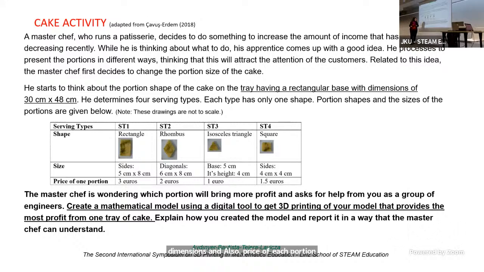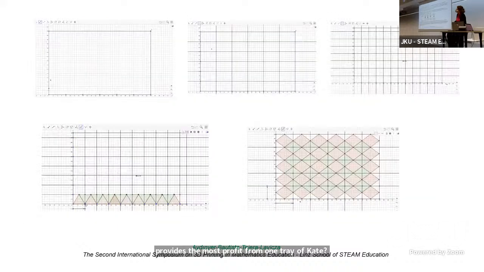The aim was to create a mathematical model using a digital tool, to get 3D printing of their model, that provides the most profit from one tray of cake. For this activity, they might create different models using any digital tool they want, and they choose the best one. Here, the process was important also, not only the result.